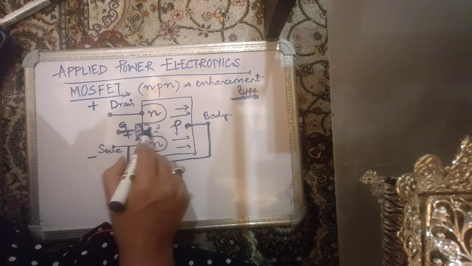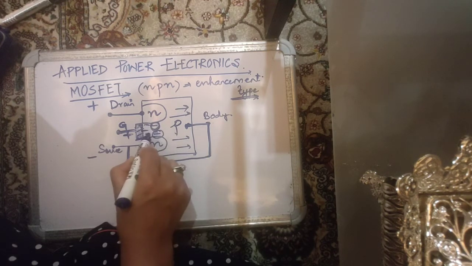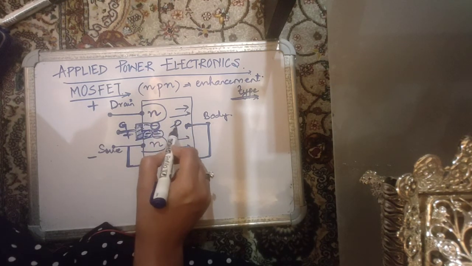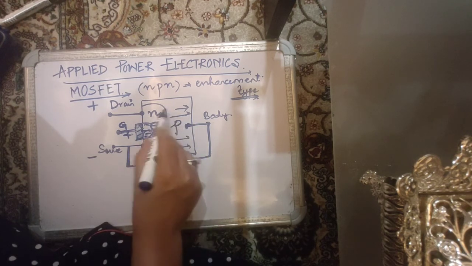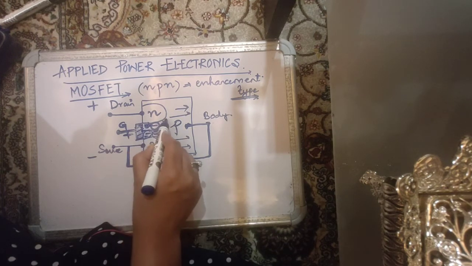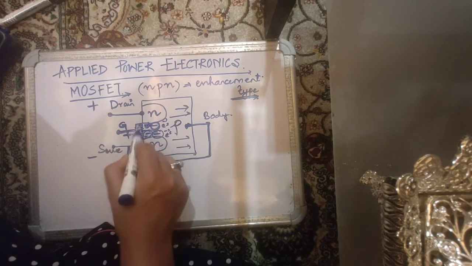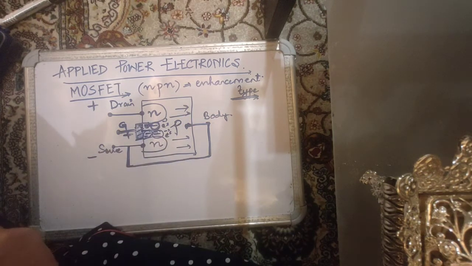So what is left behind is the immobile negative charge, because the holes have been vacated, and the minority carriers, that are the electrons, have come from the major portion of the wafer towards the positively charged gate. So few electrons, that are your minority mobile carriers, and immobile negatively charged particles which already existed.